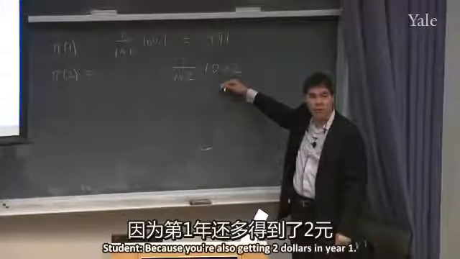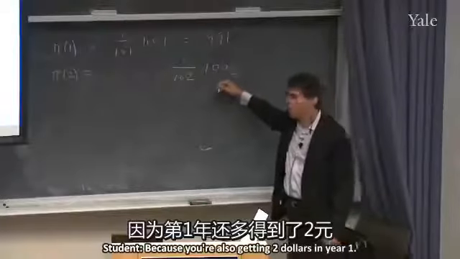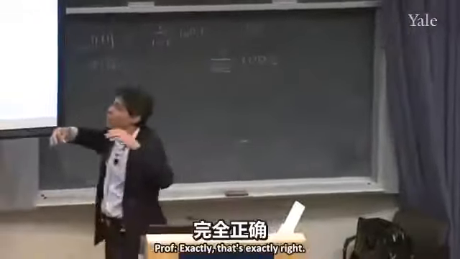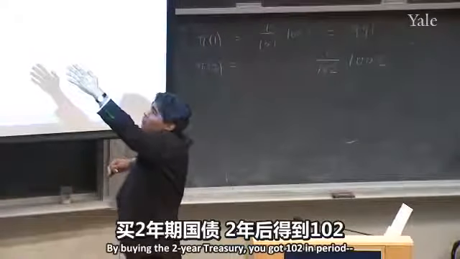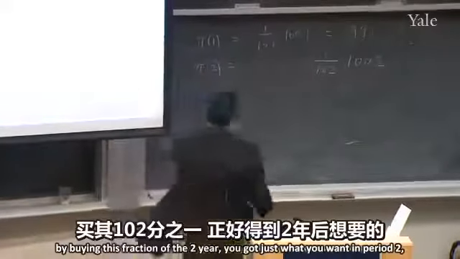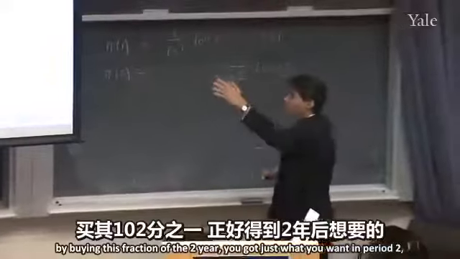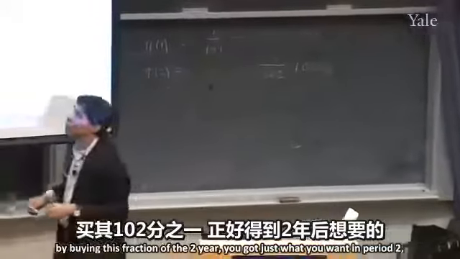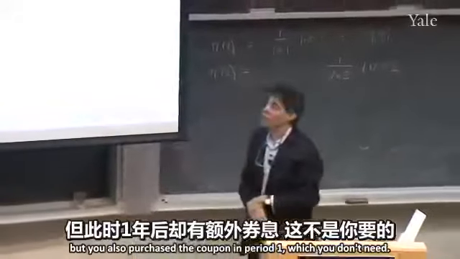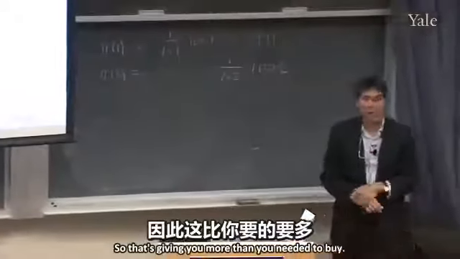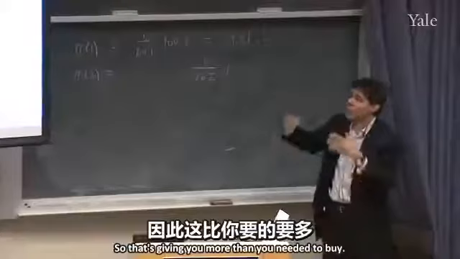Because you're also getting $2 in period 1. Exactly, that's exactly right. By buying this fraction of the 2-year treasury, you got just what you want in period 2, but you also purchased the coupon in period 1, which you don't need. So you've bought extra.